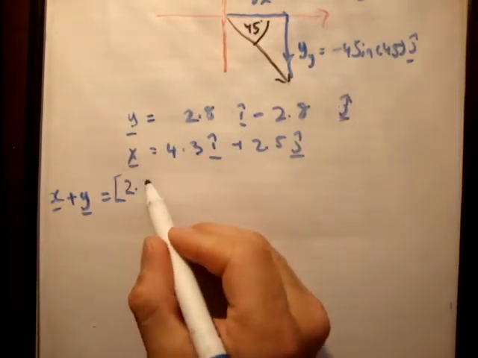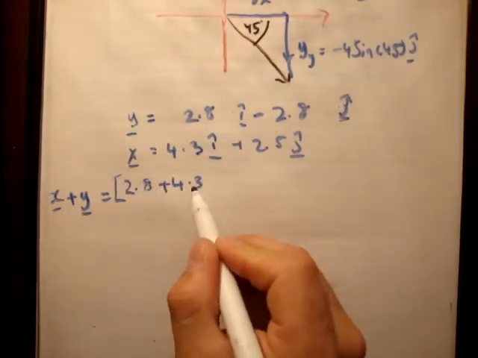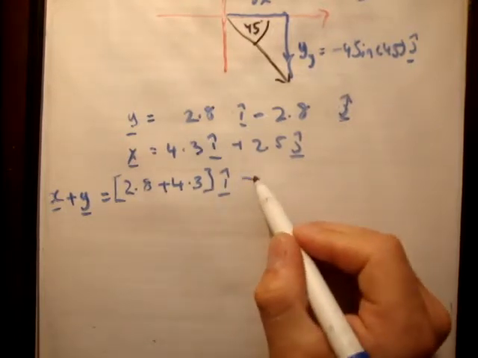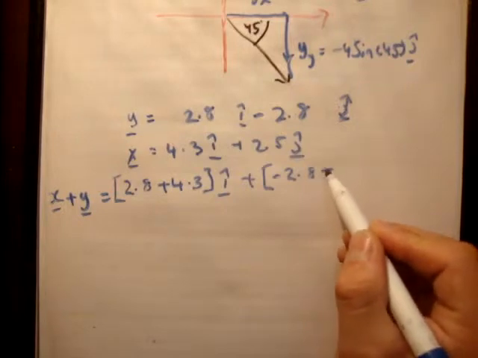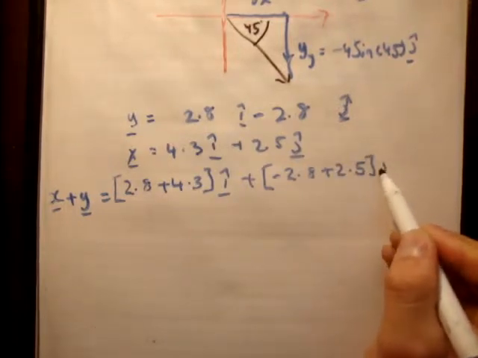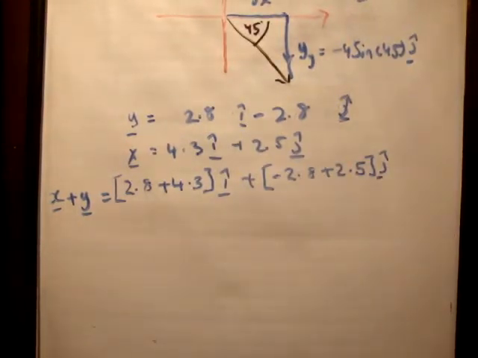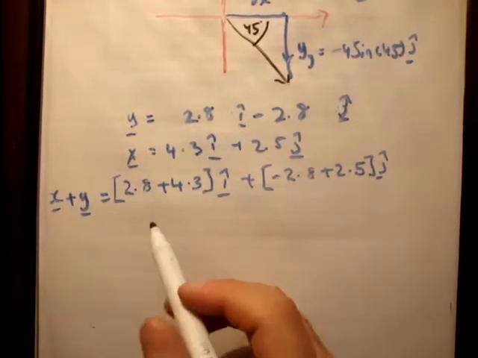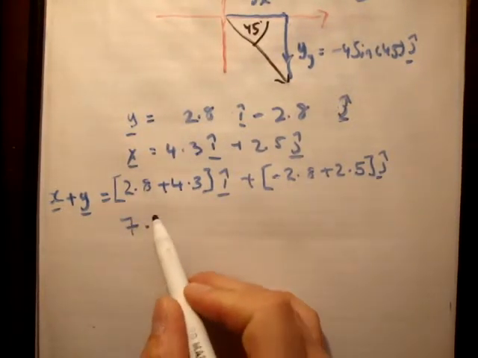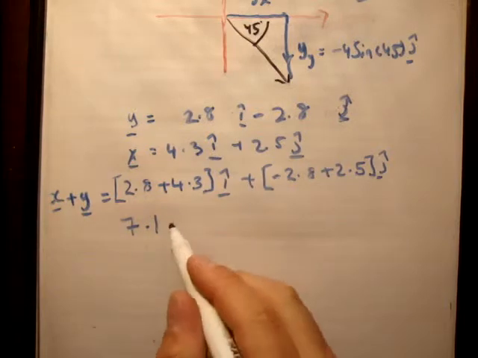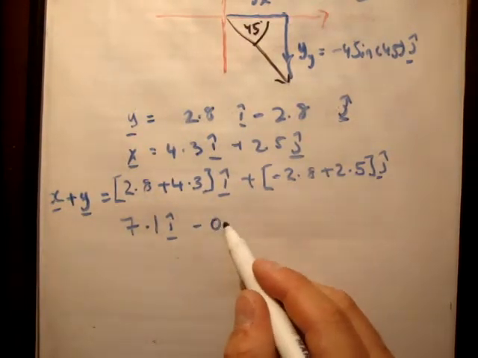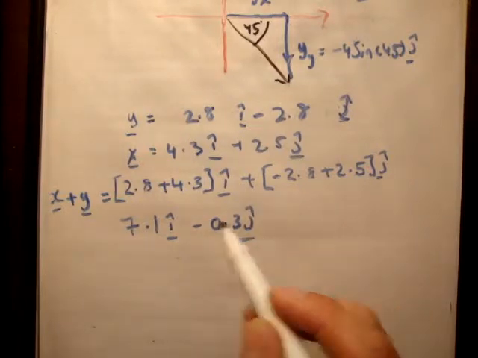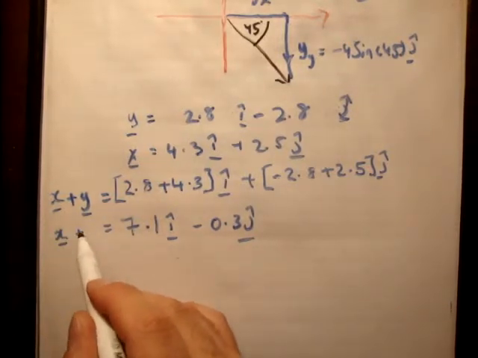So it's equal to 2.8 plus 4.3 i hat plus minus 2.8 plus 2.5 j hat. All right, so that's equal to 7.1 i hat minus 0.3 j hat. That's equal to the vector x plus y.